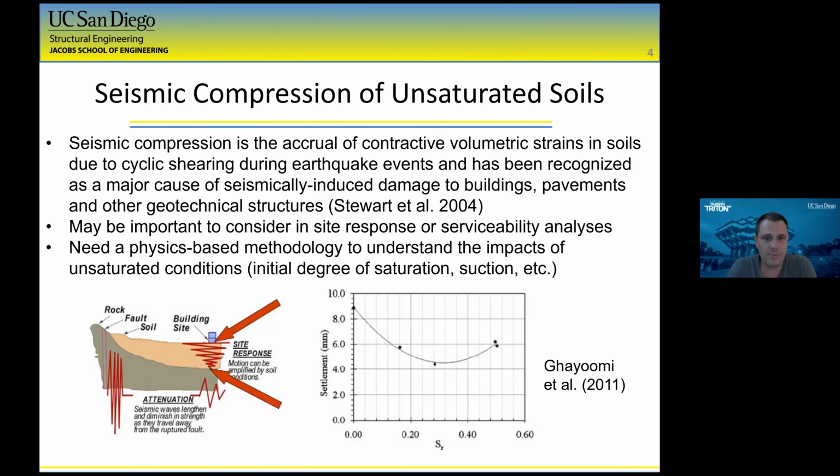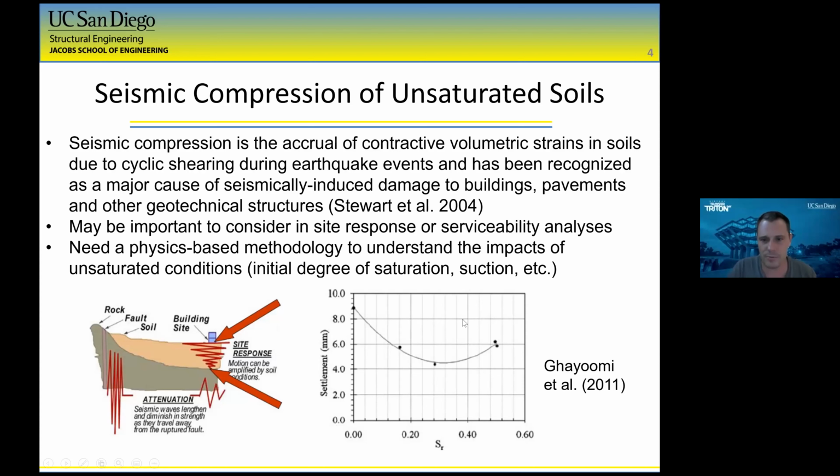It may be something that we need to consider in site response or serviceability analyses. There are some empirical approaches, as I've mentioned before, where you can estimate the total amount of seismic compression that you're going to obtain at a site, but we don't yet have a physics-based methodology that will help you understand the evolution of the seismic compression and all of the main variables that are controlling it.